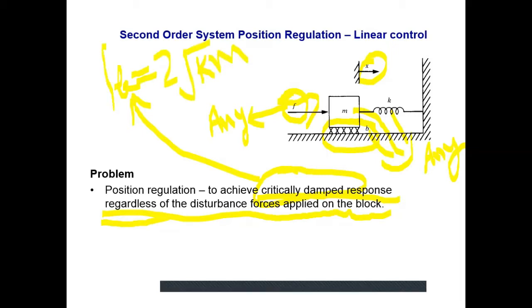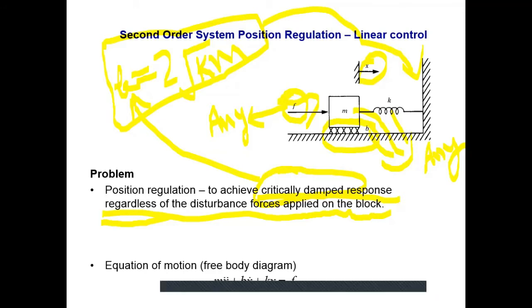This condition is not true with this given system. But still, we can make this system a critically damped system using feedback control. How will we do that? Let's see in the further discussion. The equation of motion for this system will be m x double dot plus b x dot plus k x equal to the externally applied force F.